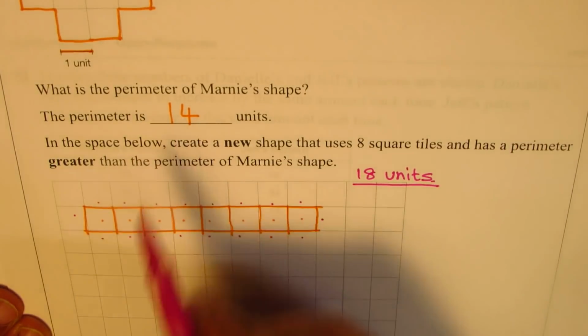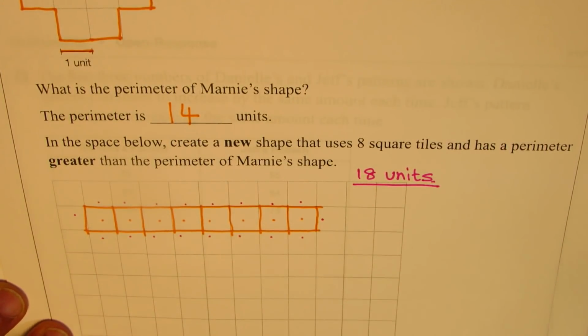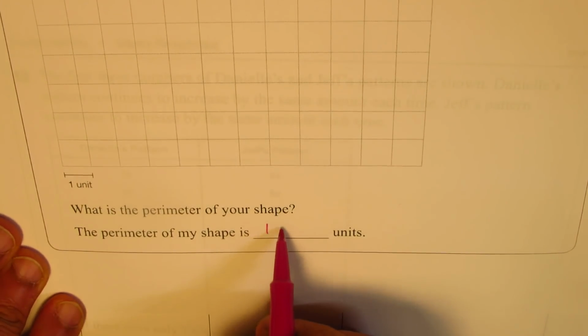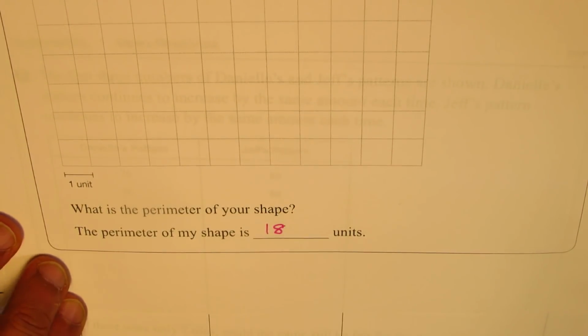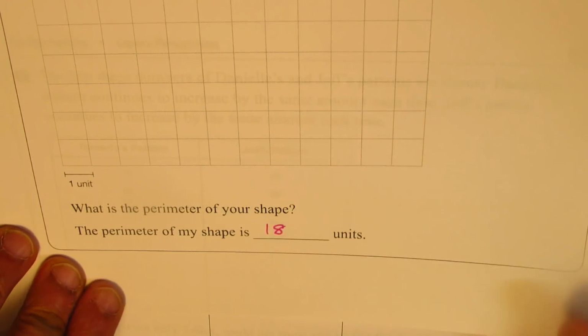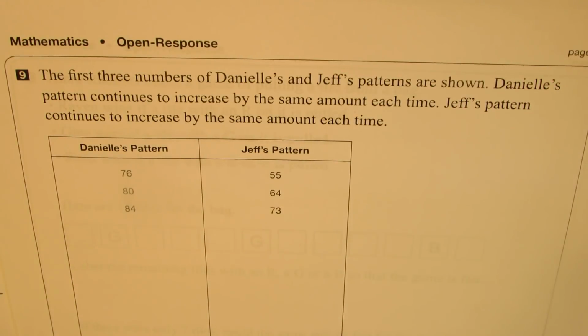Correct? This is much higher than 14 units. So if you flatten this out, then you get the maximum perimeter. So you need to write down the answer right here. So we'll write down 18 in our shape. So you see how to solve this particular question. Clear? Okay. Now let's take question number 9.